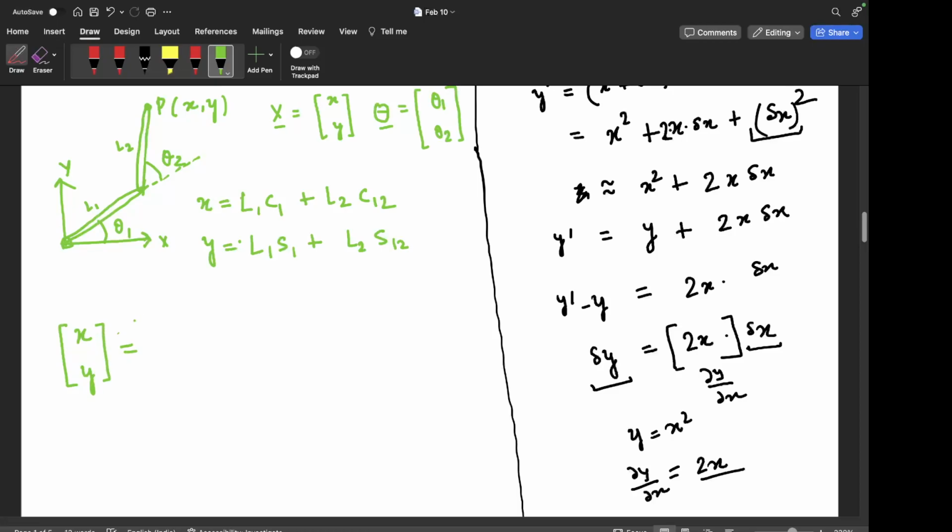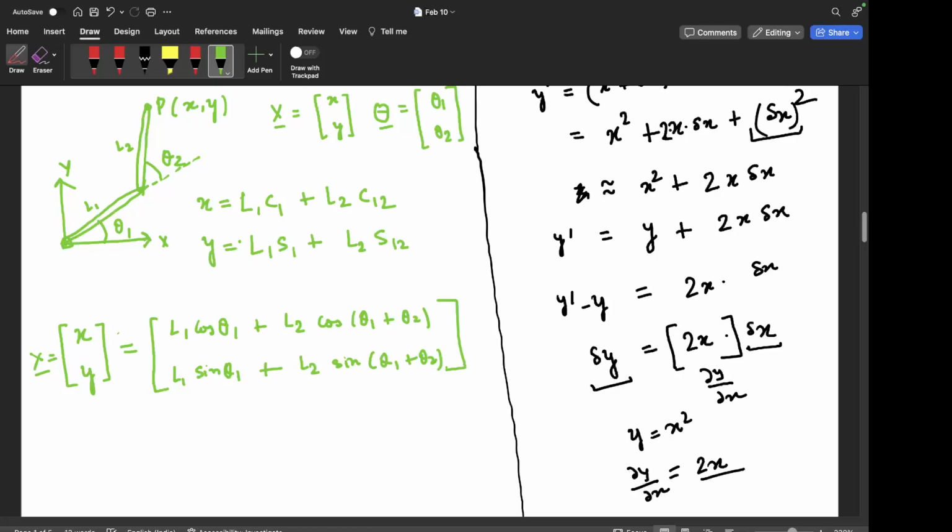So this end effector position vector, x y, is L1 cos of theta 1 plus L2 cos of theta 1 plus theta 2, and L1 sin theta 1 plus L2 sin of theta 1 plus theta 2.